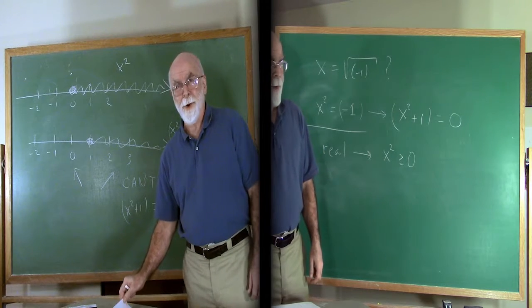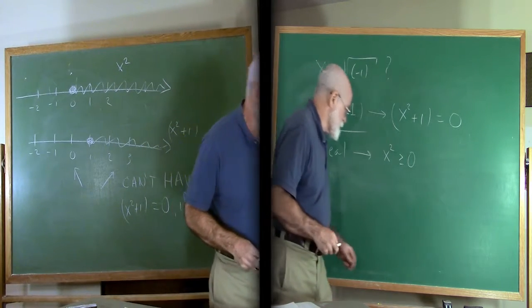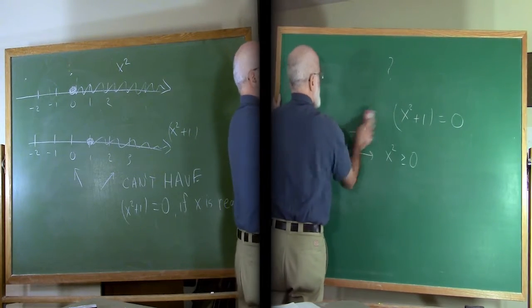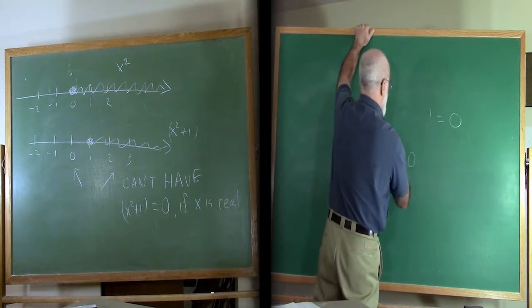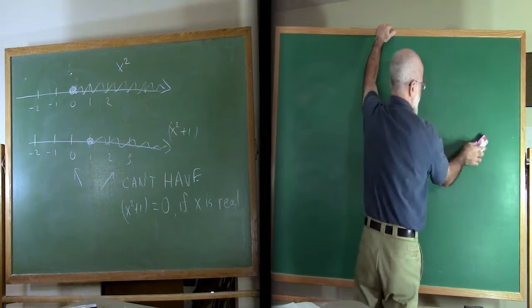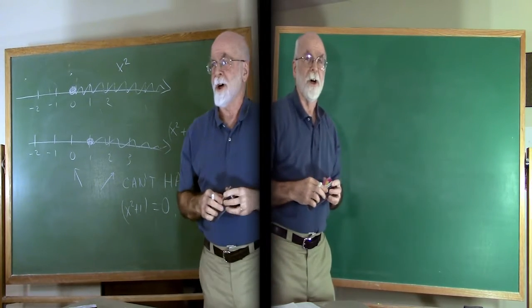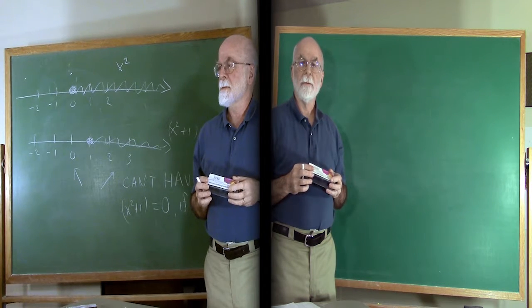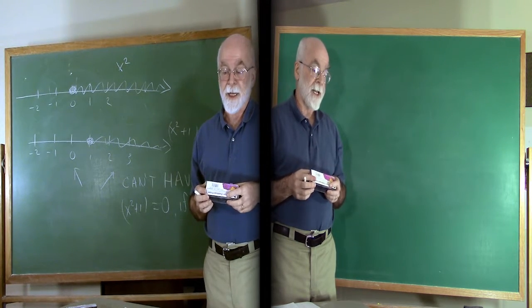We are not deterred by this failure. We really want that square root of -1, so we'll make up a name for it. It doesn't exist, give it a name.